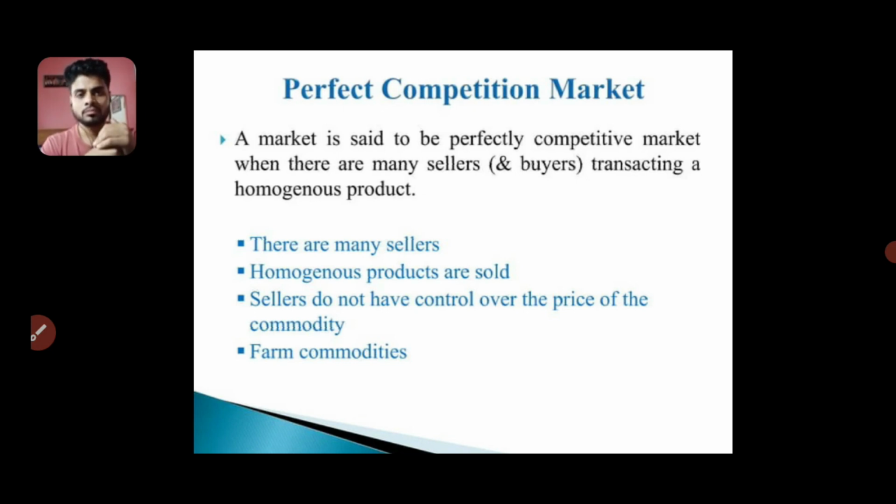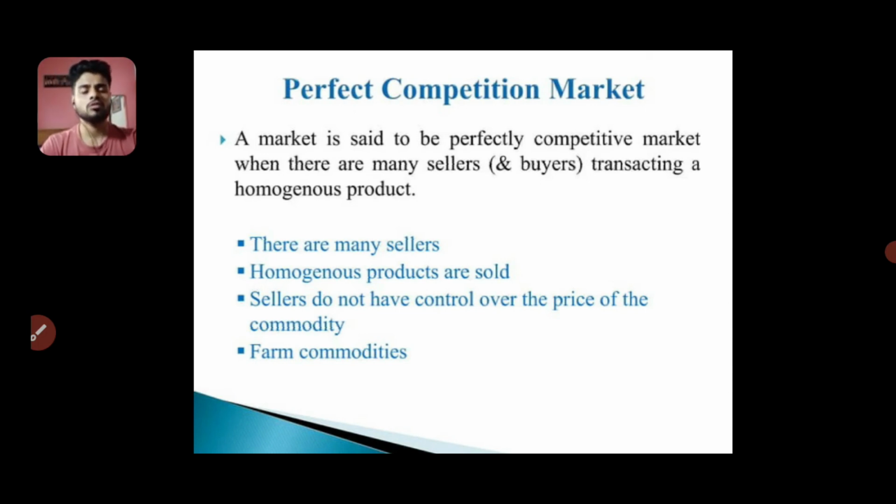It's like what happens with the regular goods that we purchase on a daily basis. There are n number of sellers, n number of companies dealing in the same kind of product. For example, Hindustan Unilever is making soaps, Patanjali is also making soaps.